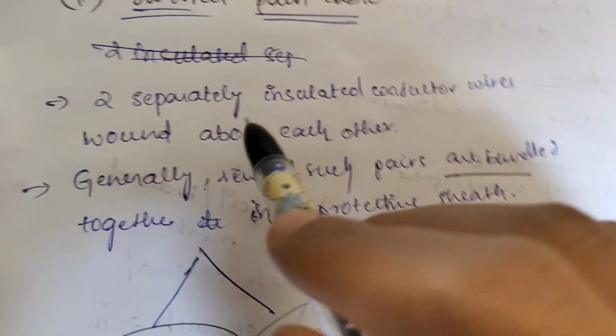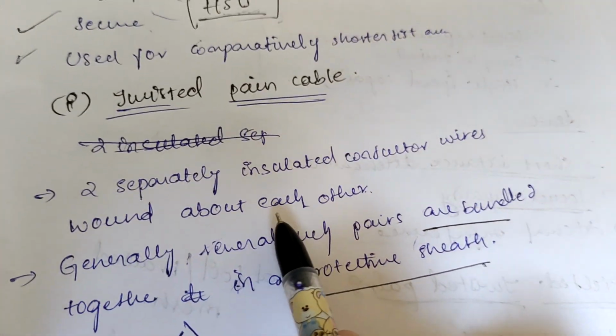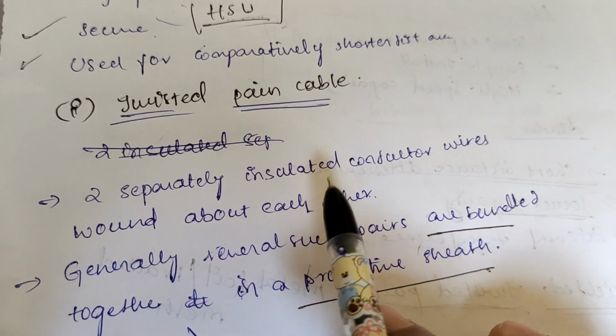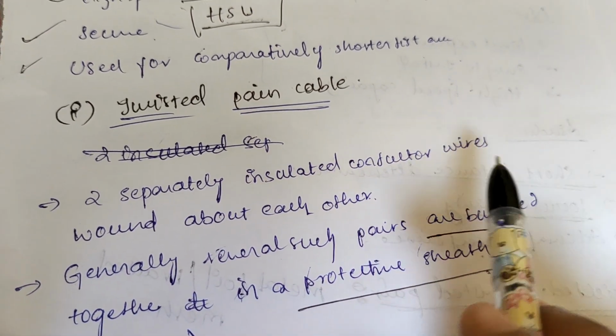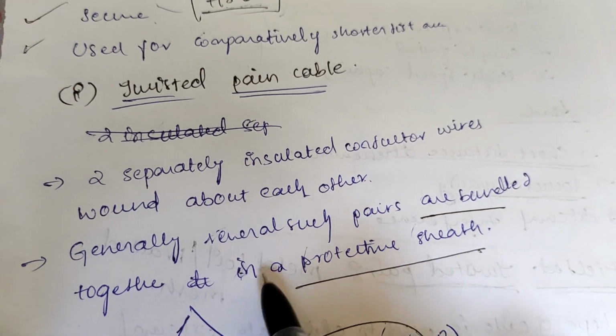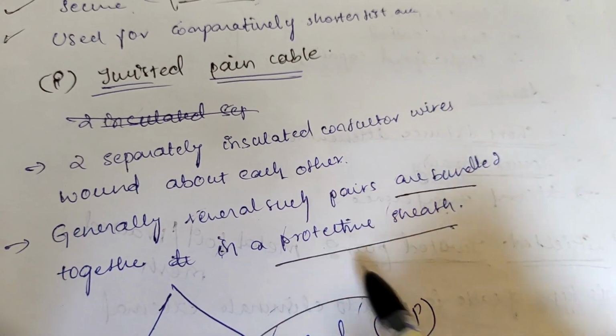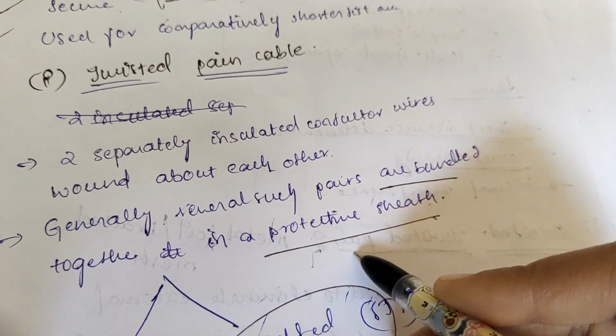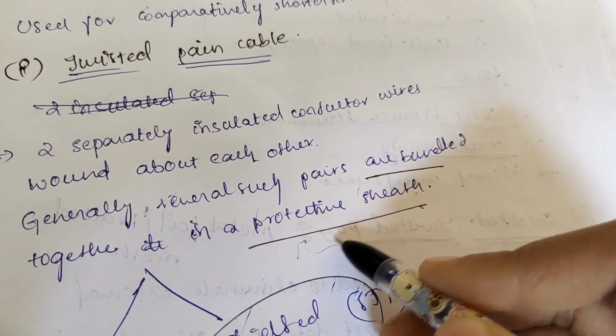So let me first explain what this twisted pair cable is. In twisted pair cables, we have two separately insulated conductor wires wound about each other. Generally, several such pairs are bundled together in a protective sheath. A protective sheath means a protective shield, in which all the wires are bundled.